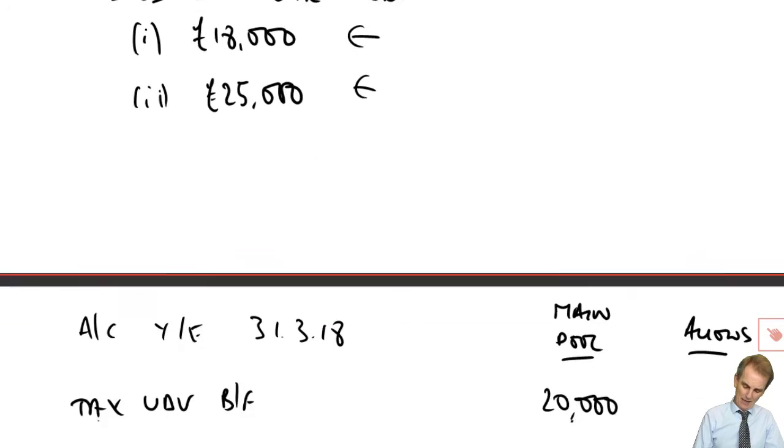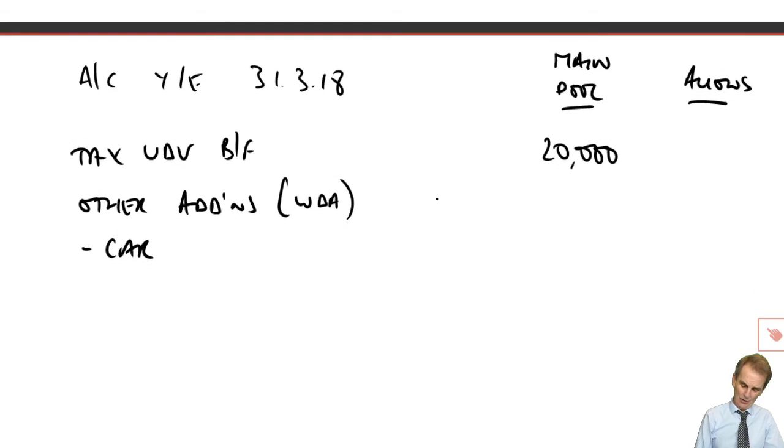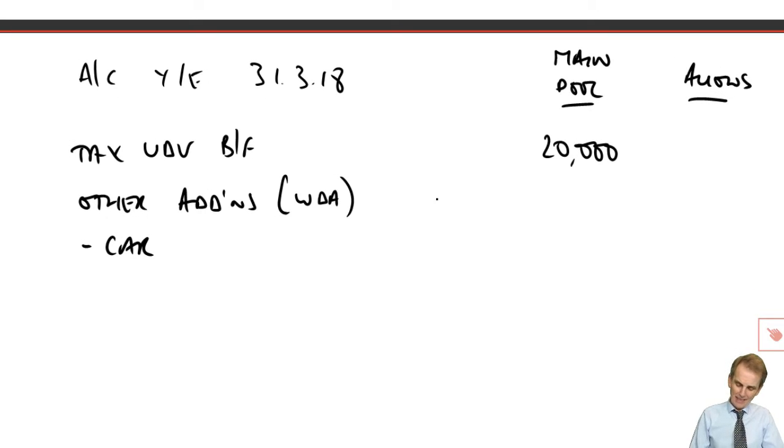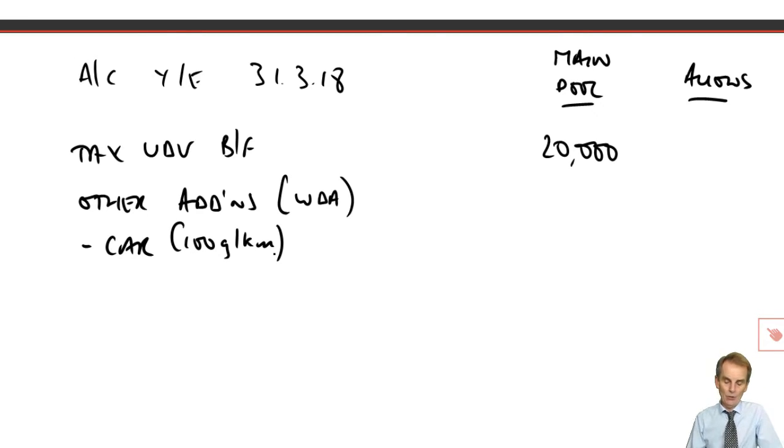So what does that mean in relation to our capital allowances computation? It means that that car at 100 grams per kilometre would normally go into the main pool, given those CO2 emissions. But it has private use by the proprietor.